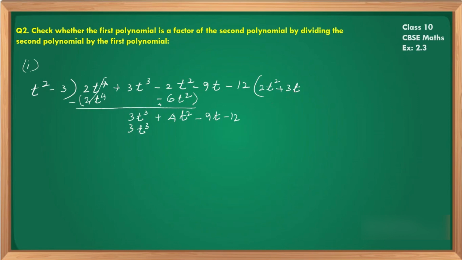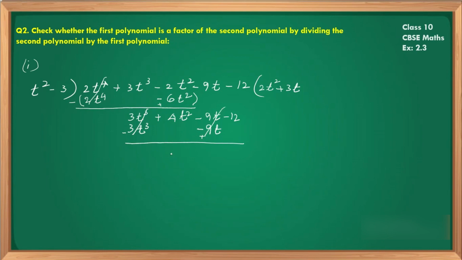Next is 3t into minus 3. You get minus 9t. Write it down right below that 9t. Now draw the line. As I said, here the plus becomes minus. Therefore, this gets cancelled. And here this also becomes plus. Therefore, even this gets cancelled.